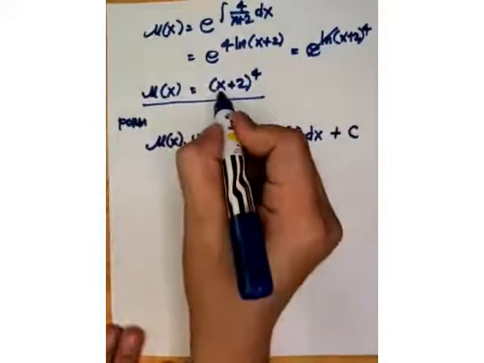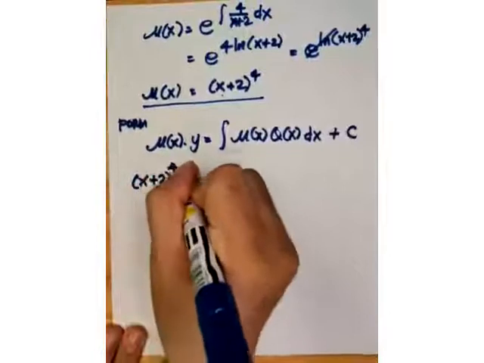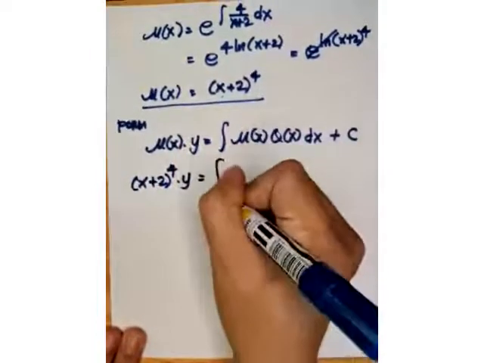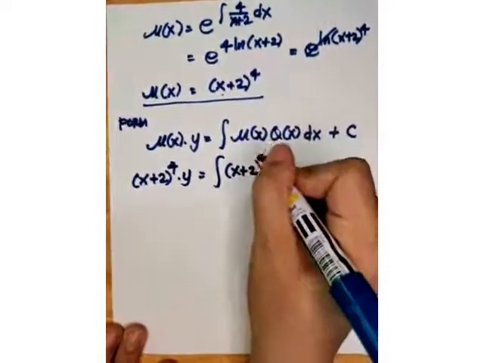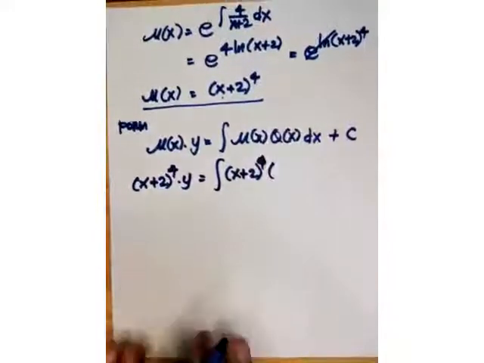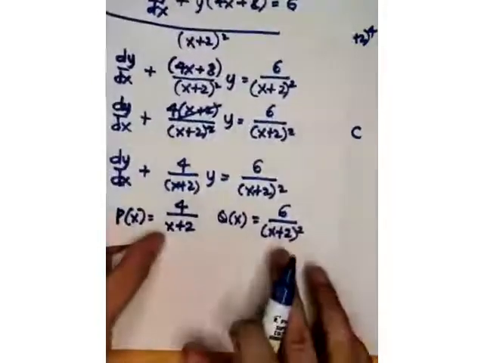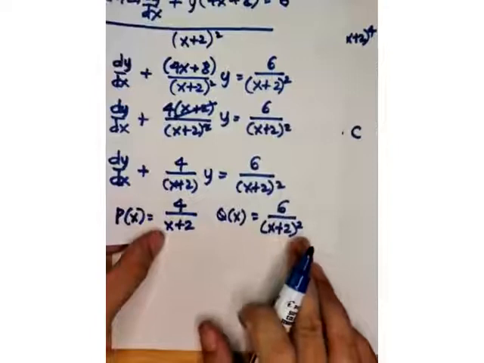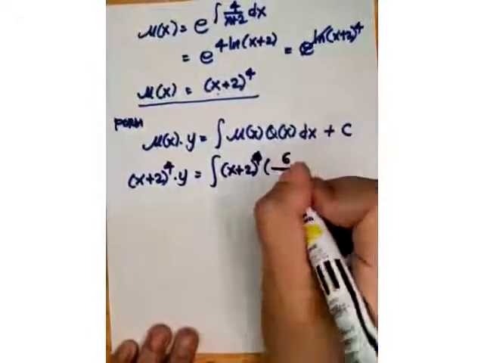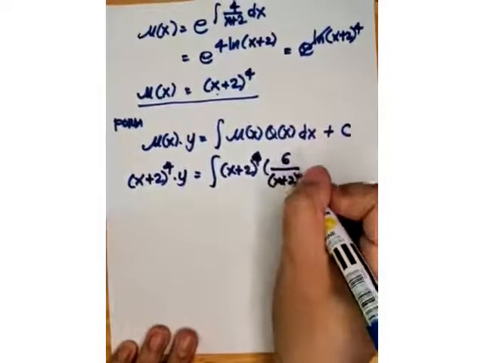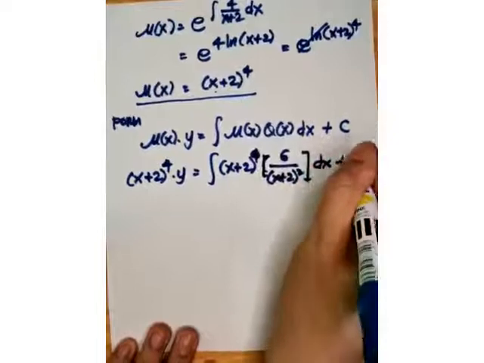So that will be x plus 2 to the 4th times y is equal to the integral of x plus 2 to the 4th times our q of x, which is 6 over x plus 2 squared, dx plus c.